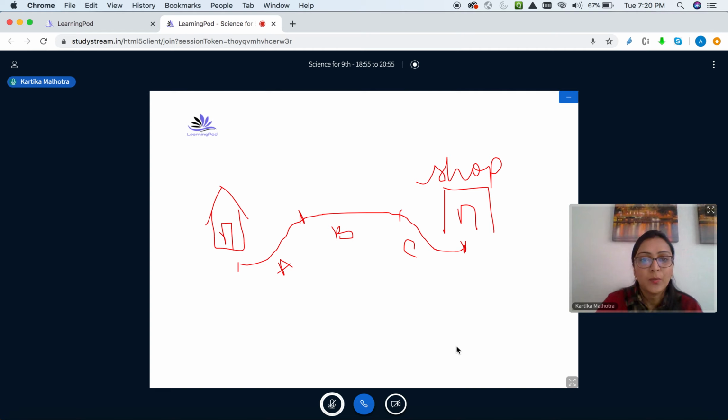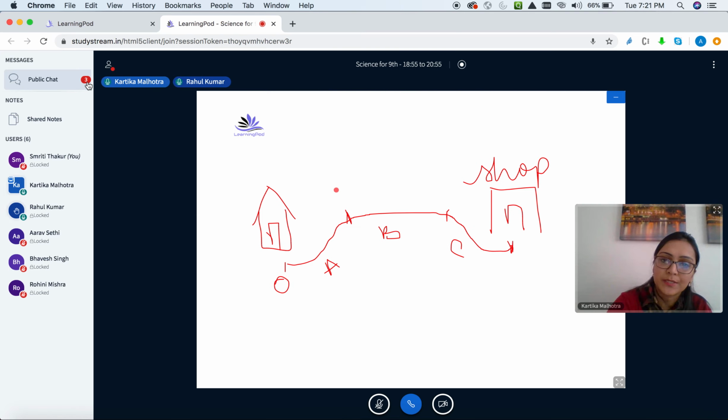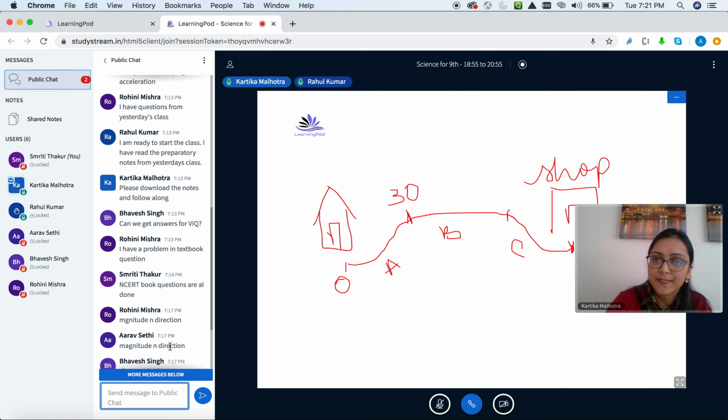Now let's discuss. What do you think, guys? When do you think the acceleration will be positive? Anyone? Okay, so Bhavesh thinks A. Rohini also says A. Perfect, guys, you identified that correctly. So here we can say your velocity was 0, then you increased it to 30 meters per second.